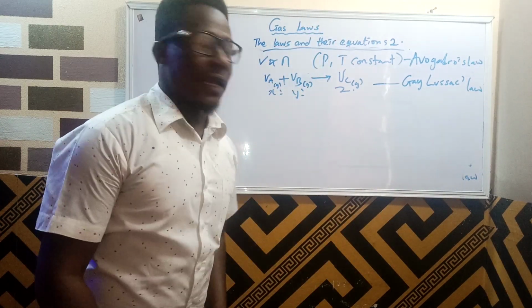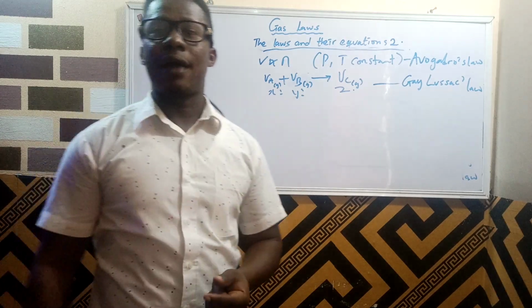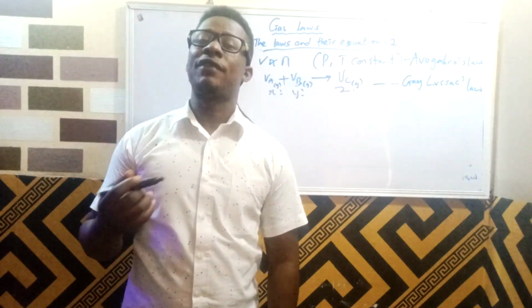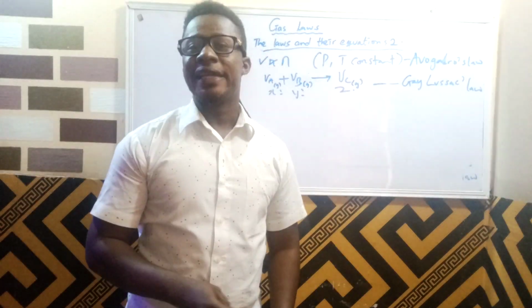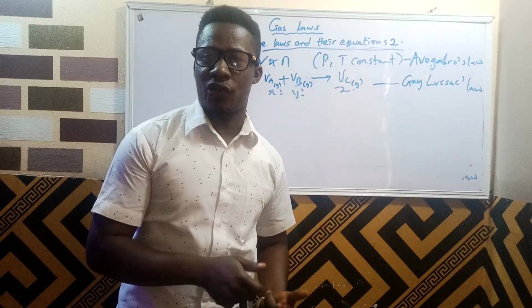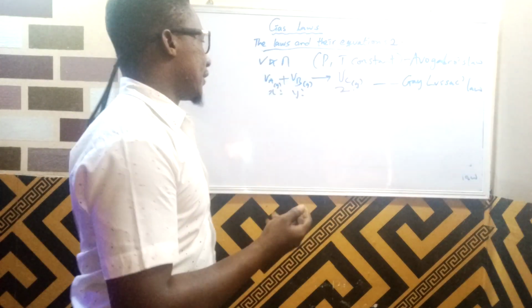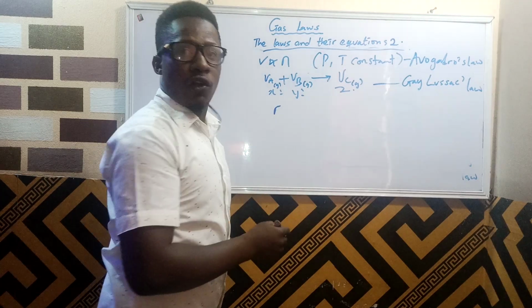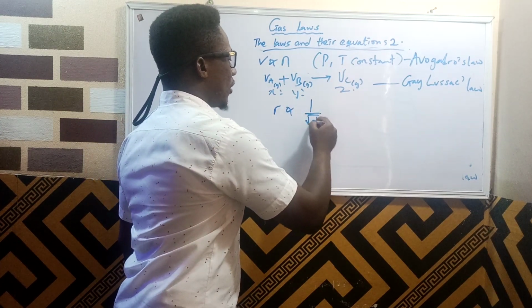The final law we look at is Graham's law of diffusion. Graham's law of diffusion says that the rate of diffusion or effusion of a gas is inversely proportional to the square root of its vapor density. Now this is what it means. The rate of diffusion R is inversely proportional to the square root of what?